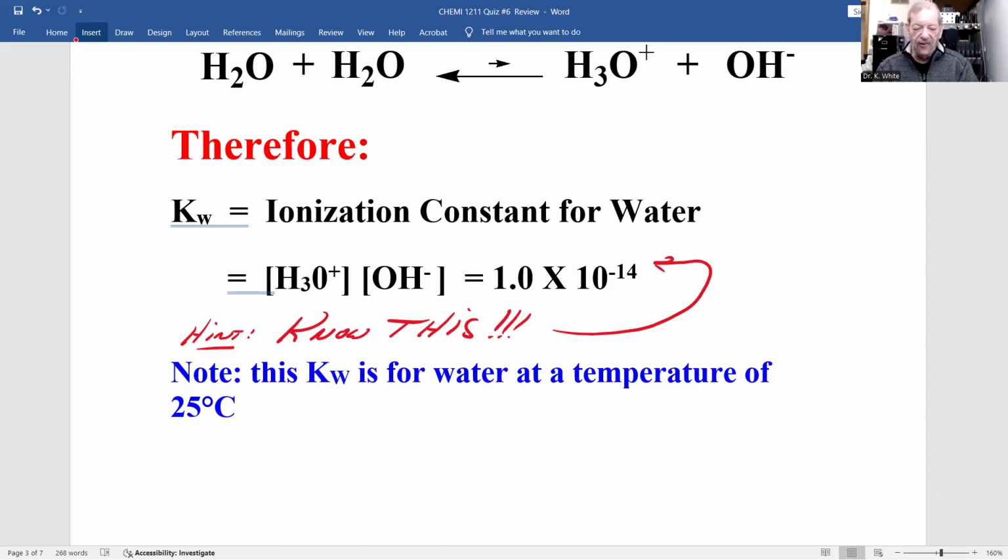You should memorize this. Again, the hydronium ion concentration times the hydroxide concentration equals 1.0 times 10 to the minus 14.